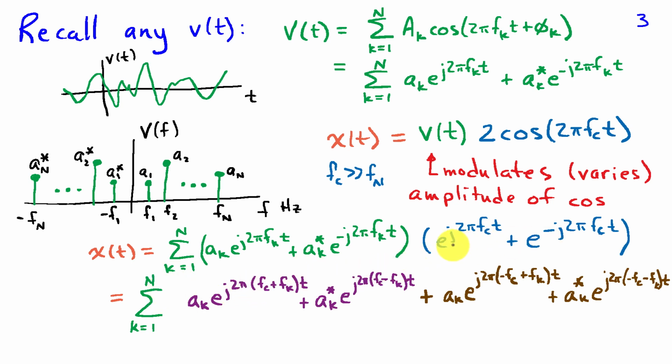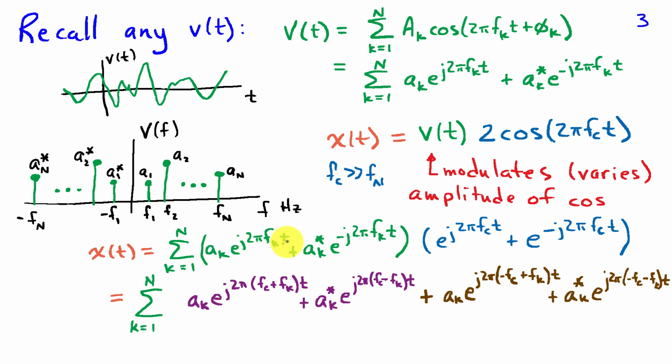When you multiply exponentials, the exponents add. So I'm going to have 4 terms associated with the various cross products in these two parentheses. I'm going to have a_k, and that's going to show up at frequencies f_c plus f_k. a_k conjugate is going to show up at frequencies f_c minus f_k. Then a_k is going to show up at minus f_c plus f_k.